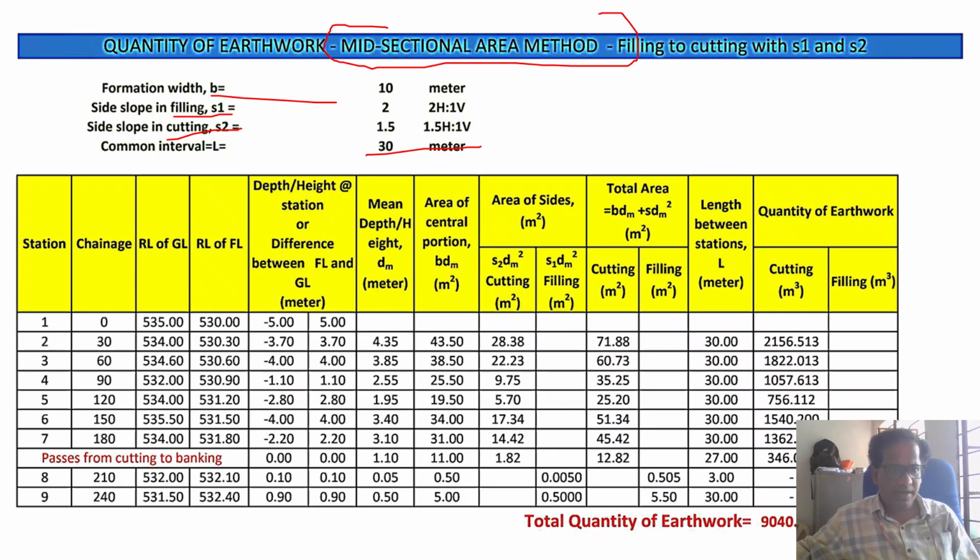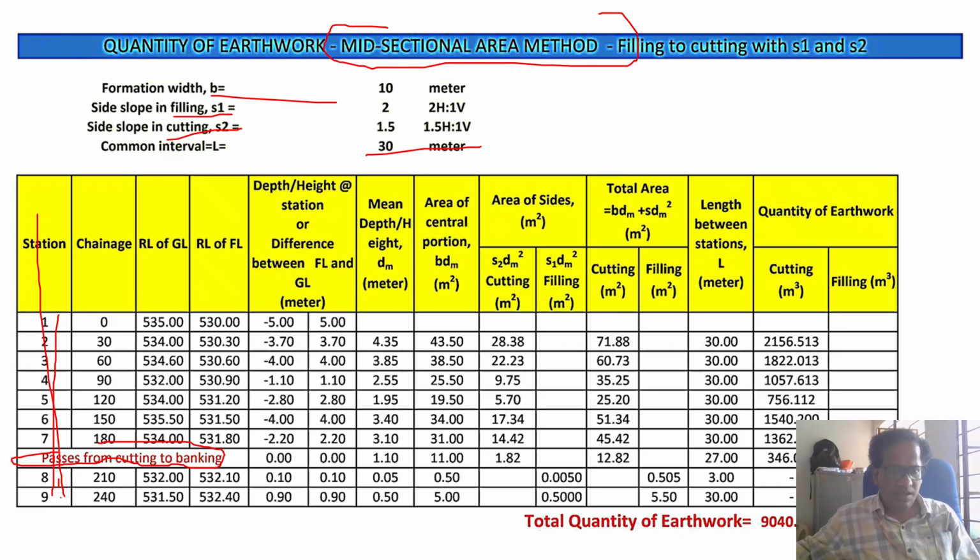Here you see we are preparing a table of stations from 1, 2, 3, 4, 5, 6, 7, and one more station which is visible to us, that is passing from cutting to banking, filling. So 8, 9. In fact, we have 9 stations, but one more station in the middle, that is the passing station.